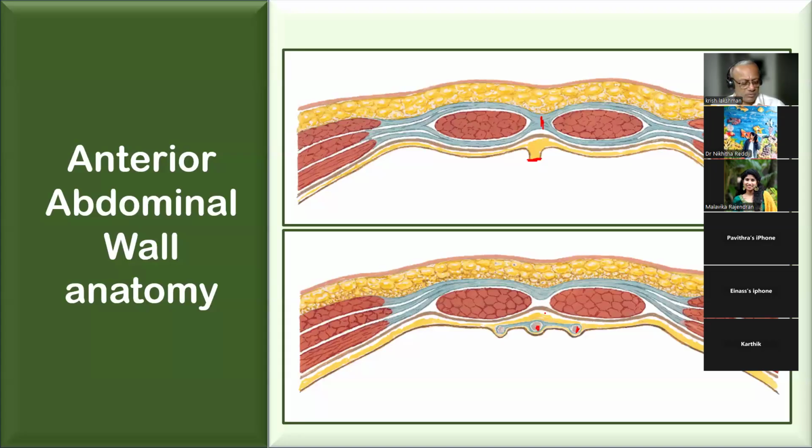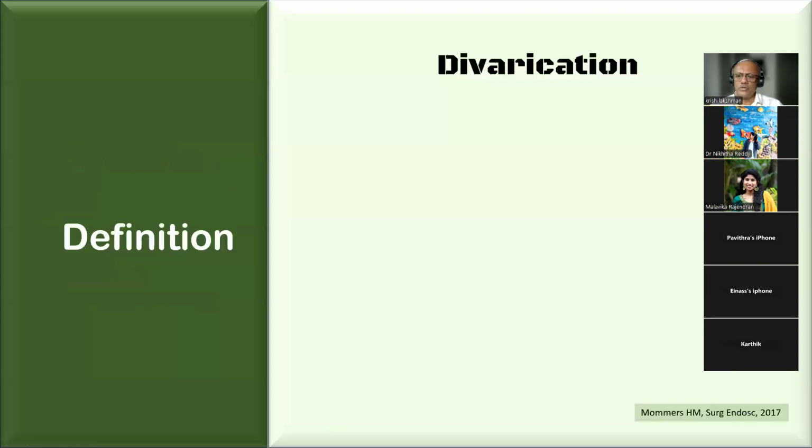And the problems with this give you the two conditions we're talking about, which is the divarication and hernias, abdominal hernias. I have restricted myself to large abdominal hernias because that's the area of interest and controversy these days.